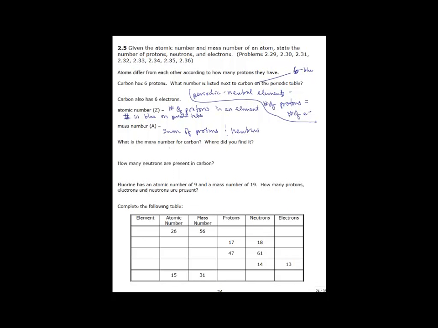So the mass number is not that little number in red on the periodic table. It is the sum of protons and neutrons.